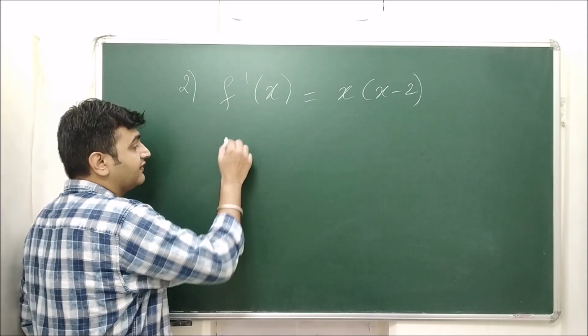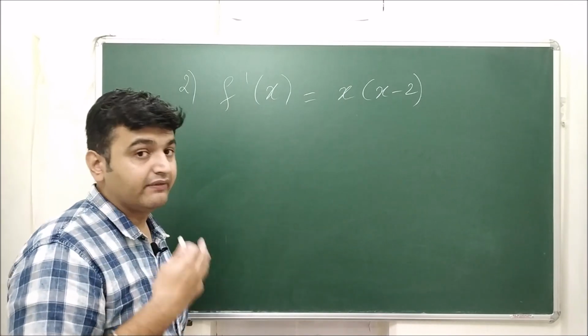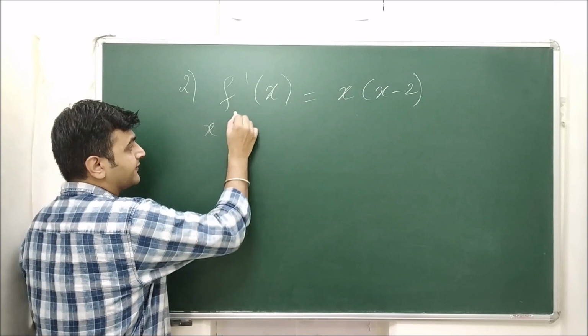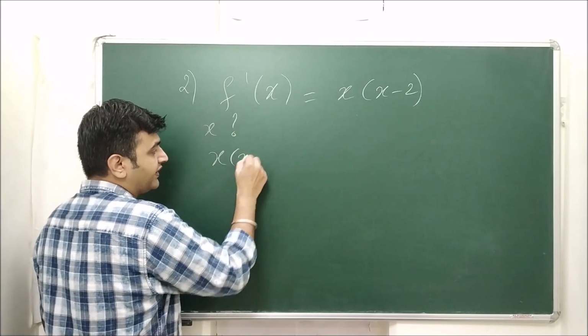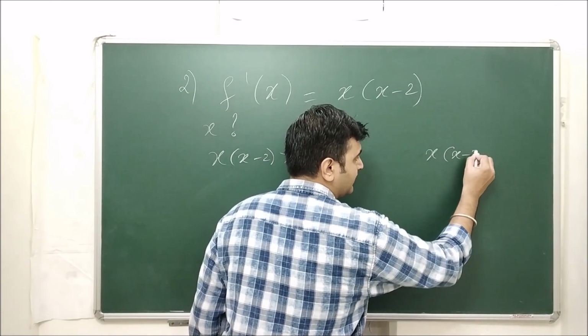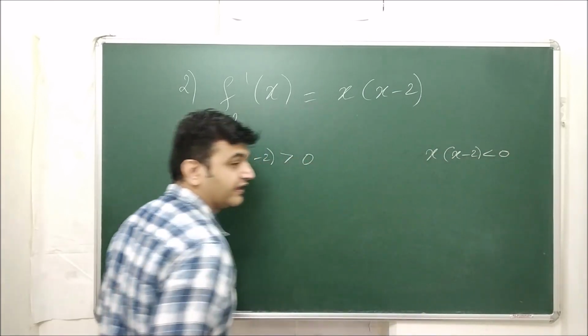So I need to see where the function's derivative is positive and where it is negative. So I need to see for which x my derivative is positive and for which x the derivative is negative.